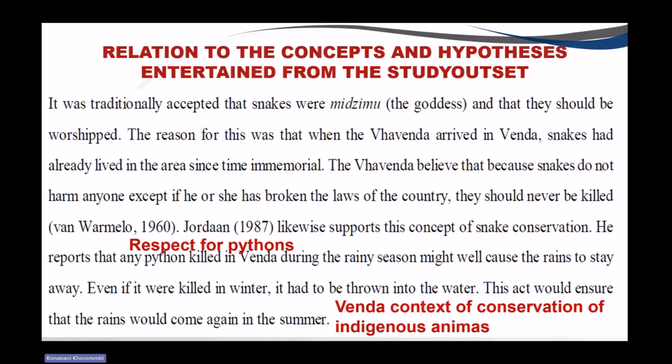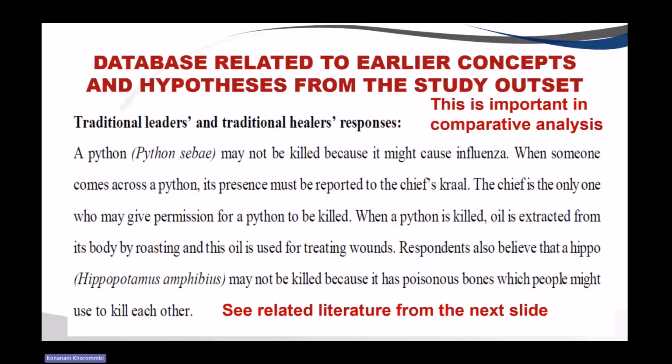And after I had this, then I went to collect data. Now, look at the data that I read for you. Here, our people, the people that did not write books, and these are the respondents, they say a python may not be killed. And they spoke about the influenza and the chief being the only one that may give permission.